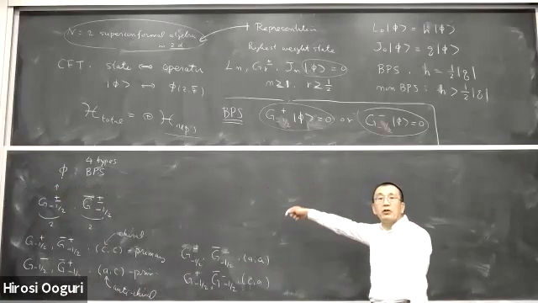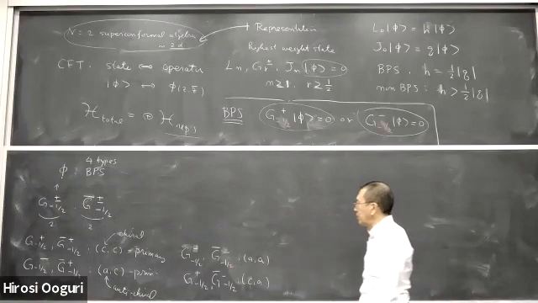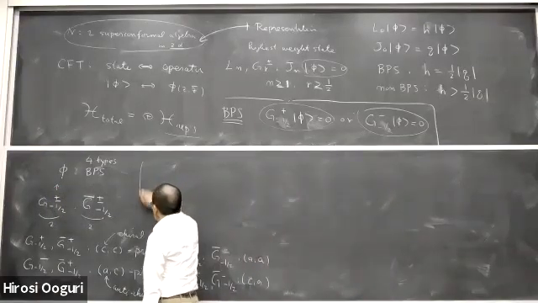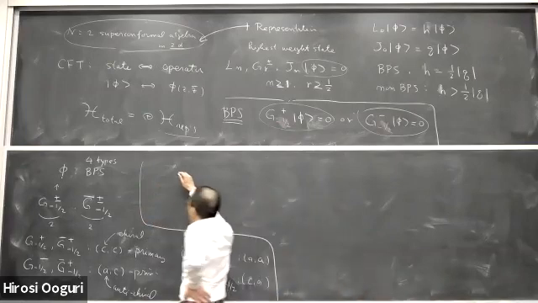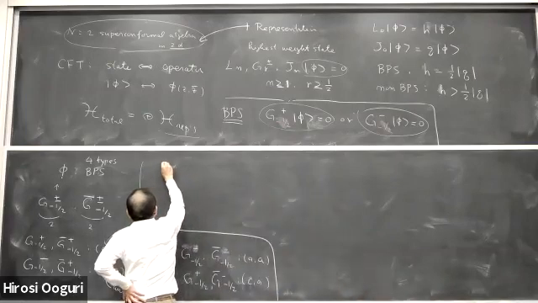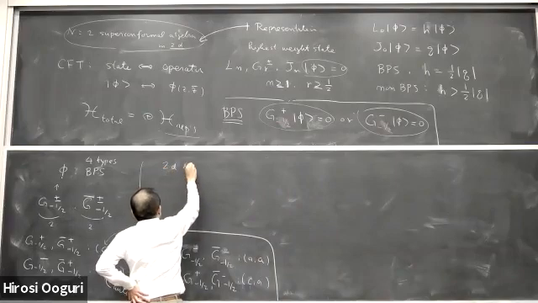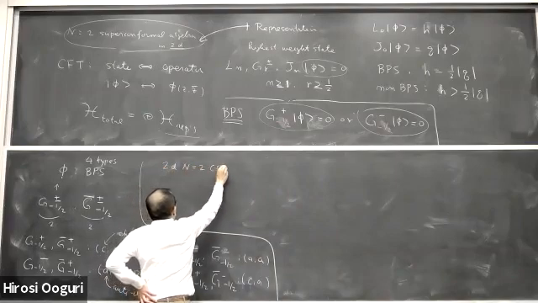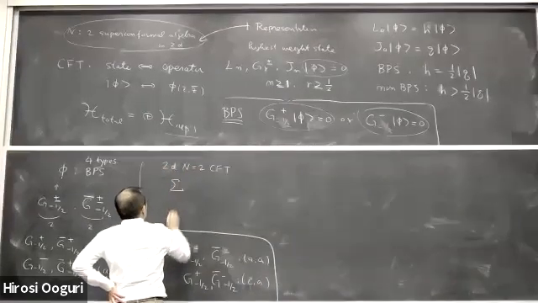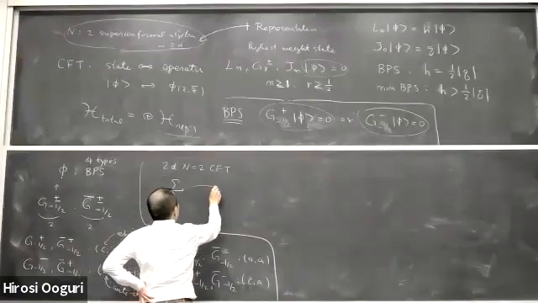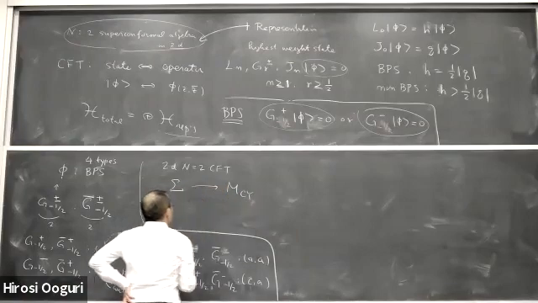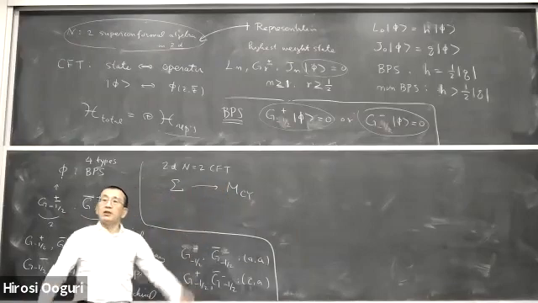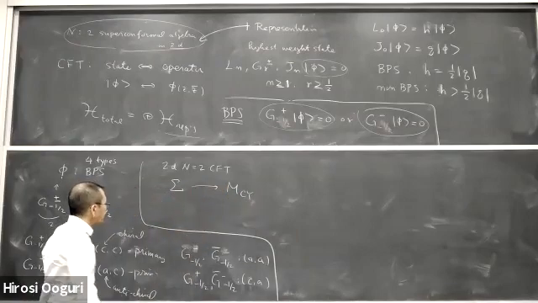And these can be used for a variety of useful calculations. And one important thing is the following. I said that we are considering a 2-dimensional sigma model, a 2-dimensional N=2 CFT, which is described by a map from a 2-dimensional surface into some Calabi-Yau manifold, with some fermionic degrees of freedom.